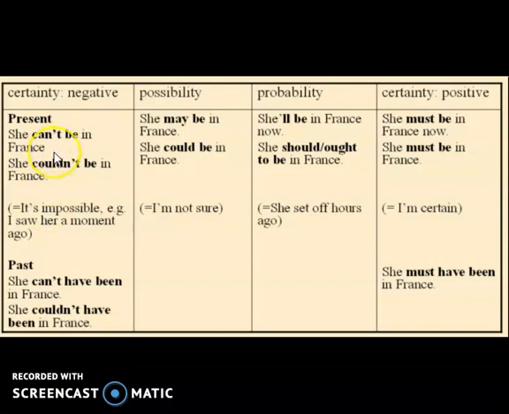Let's practice. First, she cannot be in France. Okay, if you want to be a bit possible, a bit probable, you will say she will be in France now, right? And you are certain, she must be in France now. Next is she could not be in France.